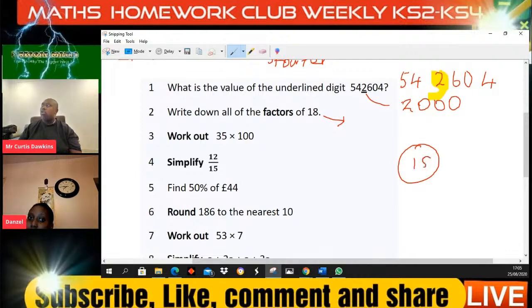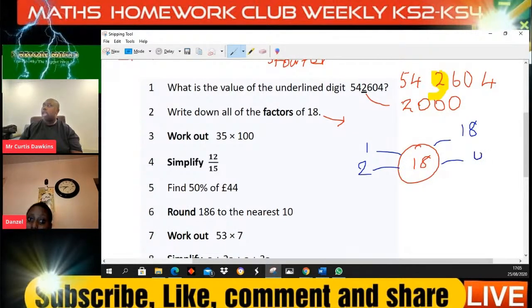All the numbers that can go into 18, let me help you out, right? 1 times 18, yes? Because 1 can go into 18, 18 times. 18 into 18 goes 1 time, yes? Then it's going to be 2, right? What's 2 times 9?